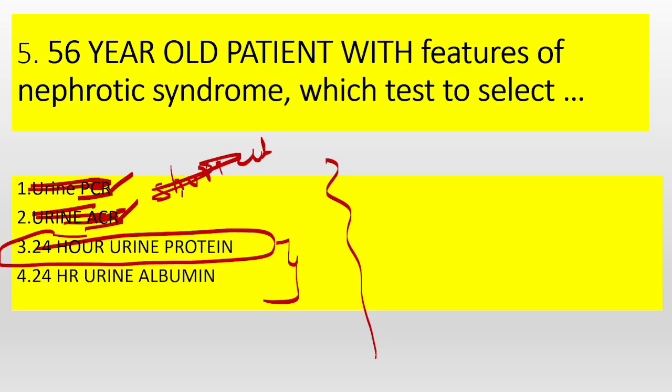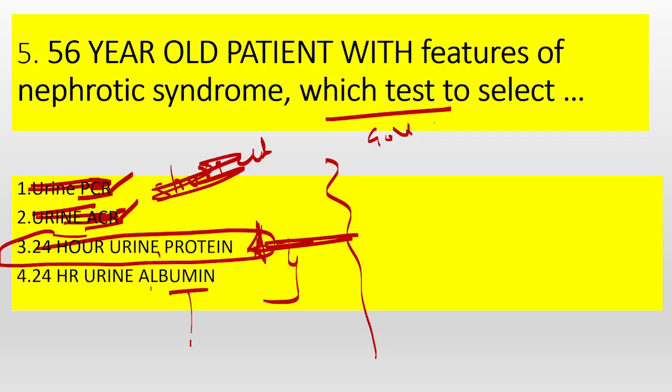So we are not going to do the shortcut. Whenever we have to select a test or gold standard for proteinuria, we go for the standard, leaving out the practical difficulties. For MCQ purposes, it is 24-hour urinary protein or albumin. Out of these two, which one to select? It is the protein you should always select.